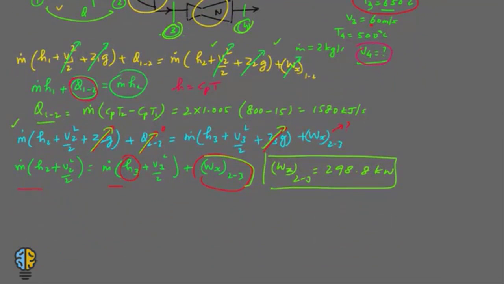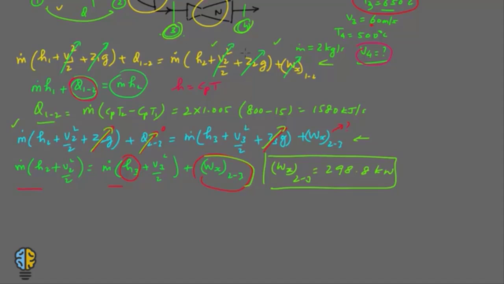This is why you should remember the specific cases of SFEE for the turbine and the nozzle, because it will save time for you to write down the complete equation and then cut each term one by one. So you should remember the SFEE for each of these systems.